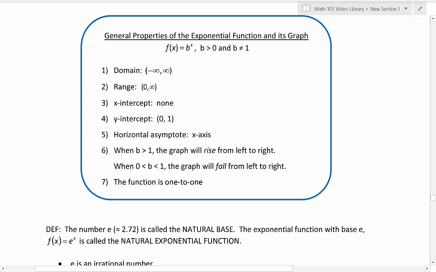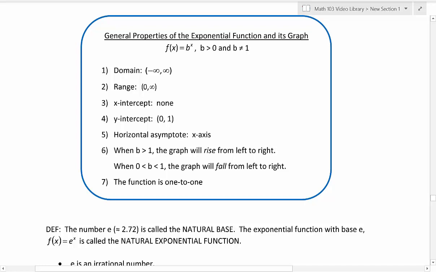Our base number b is defined to be strictly greater than 0 and not equal to 1. So this means that our base is a positive number. If you take a positive number and raise it to any power, you're still going to have a positive number. Therefore, our range is only positive numbers.